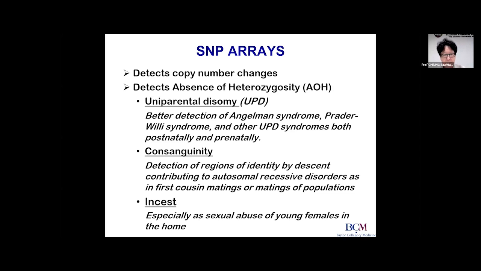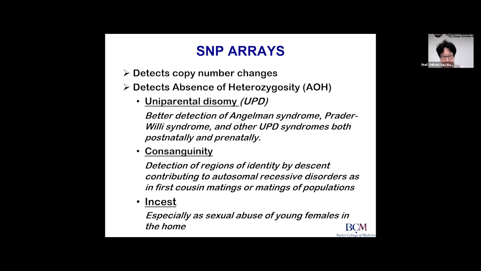And by calculating the megabases of the AOH, if it's going to be more than 400 megabases, you could detect the region. So it's known as detection of regions of identity by descent. That will contribute to autosomal recessive disorders.